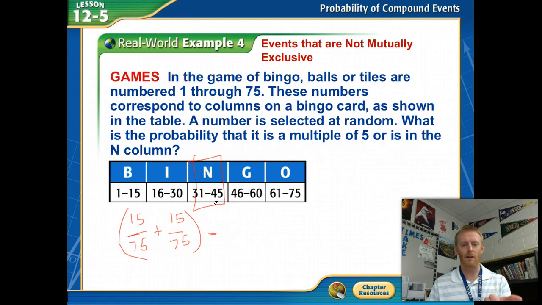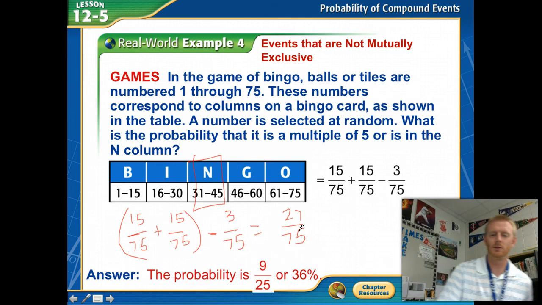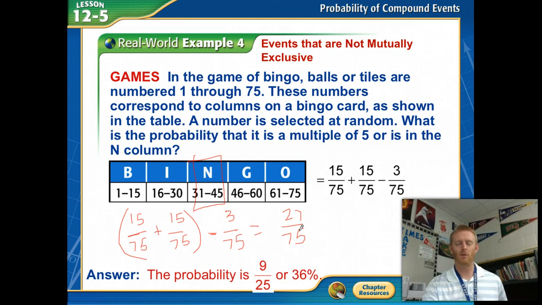So 35, 40, and 45 are in this category. So that's 3 out of the 75 choices there. So when we do the math here, we get ourselves 27 out of 75, which is going to simplify to 9 out of 25, or 36%.